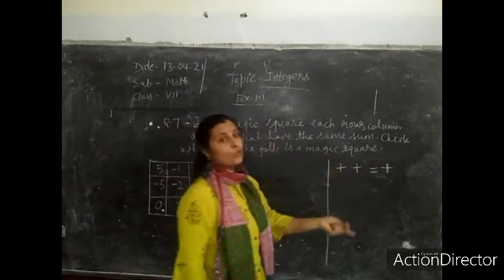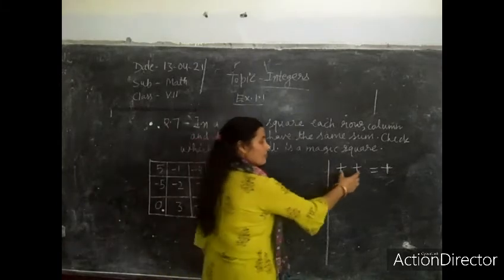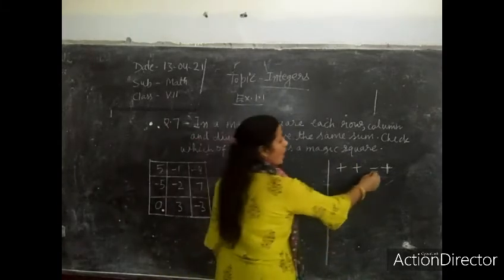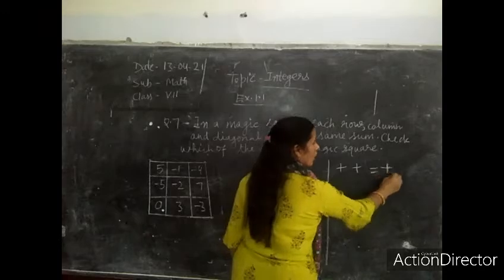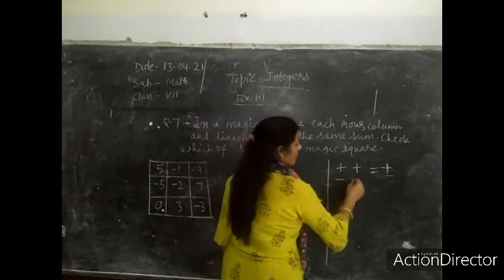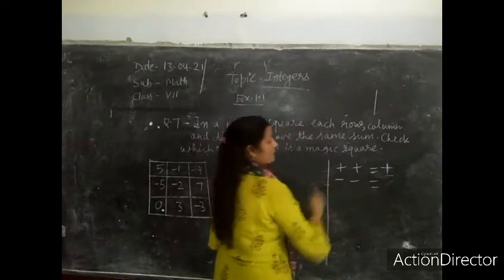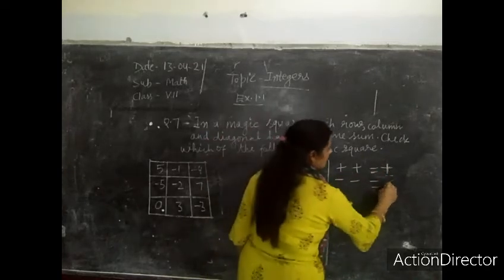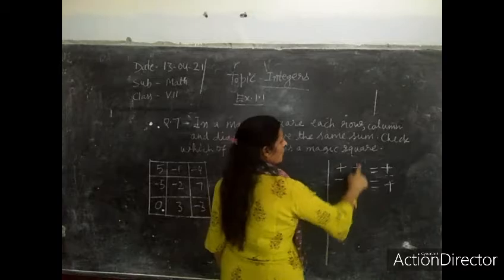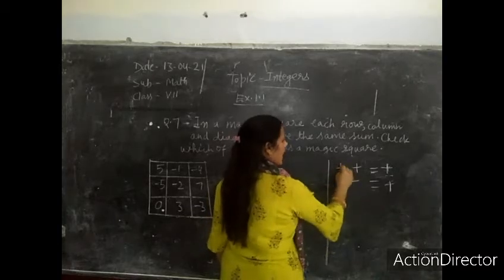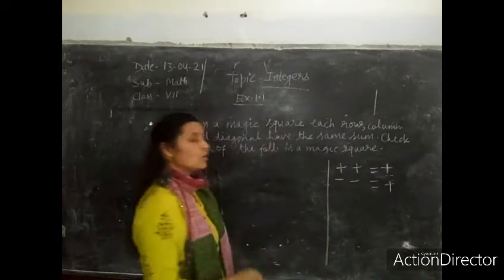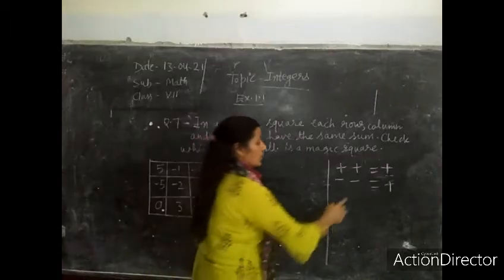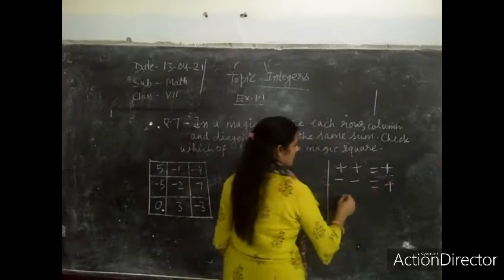If any 2 or 3 numbers have the same sign, then the operation will always be positive. Plus becomes plus, minus becomes plus. Keep in mind that if you have the same sign, you will add those numbers.